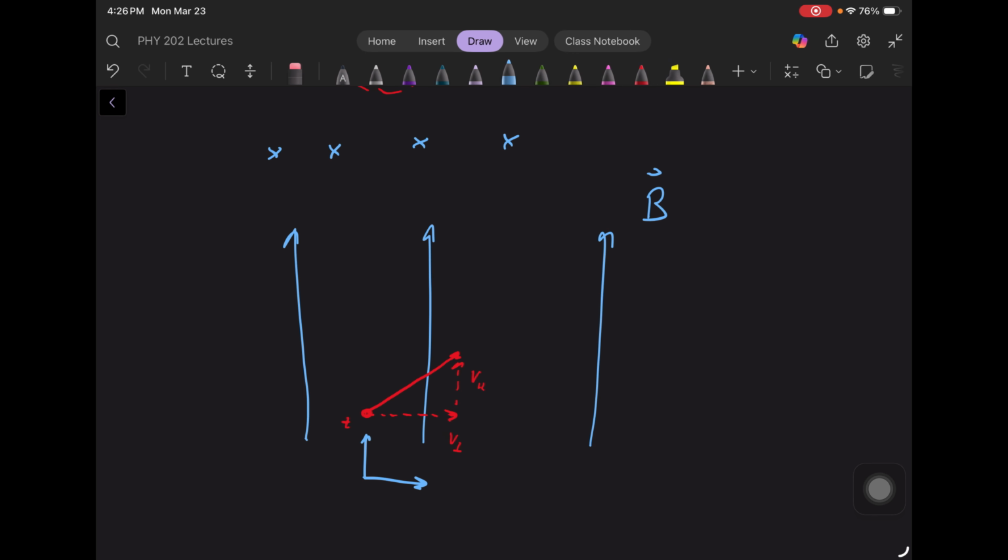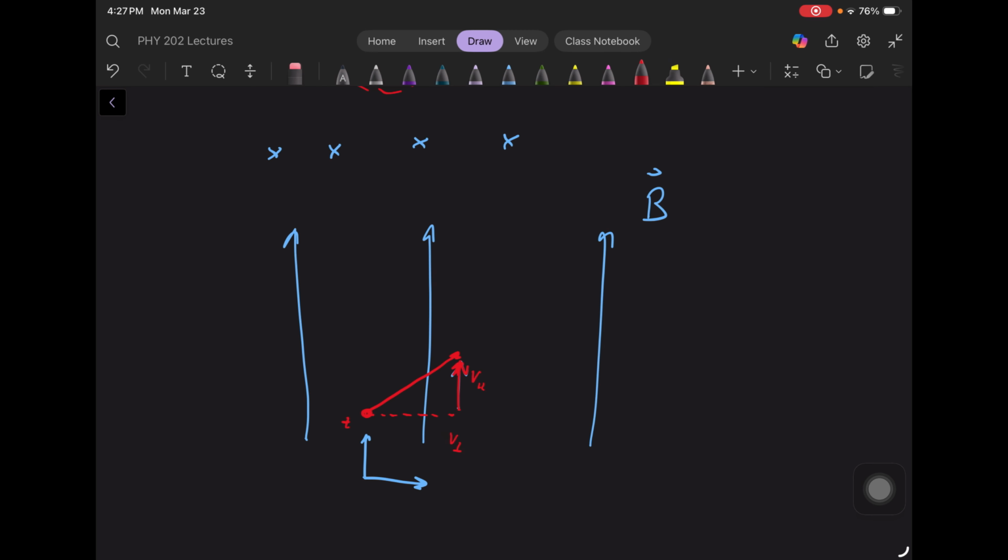And so we're going to have that particle start forming a loop that starts out of the page, and then it's going to curve towards us, go back into the page, and then go away from us. But the whole time it's doing that, this parallel part, it's just going to keep traveling in that velocity.